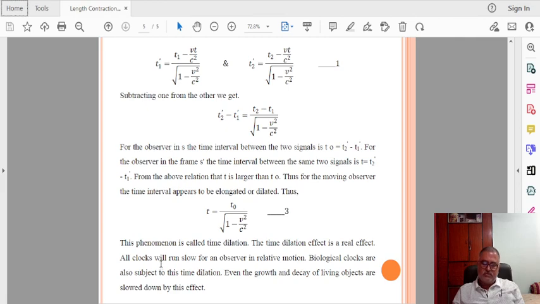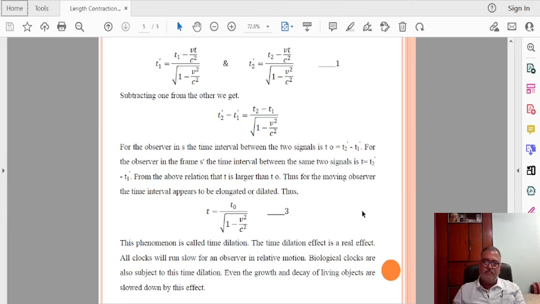All clocks will run slow for an observer in relative motion, meaning that when the observer is in motion with the clock, the observer sees all clocks running slow. Biological clocks are also subject to this time dilation. Even the growth and decay of living objects are slowed down by this effect.